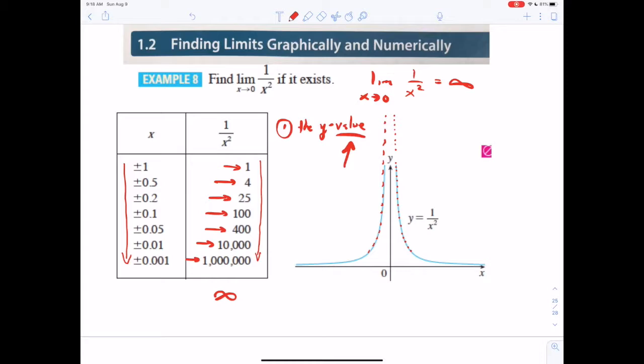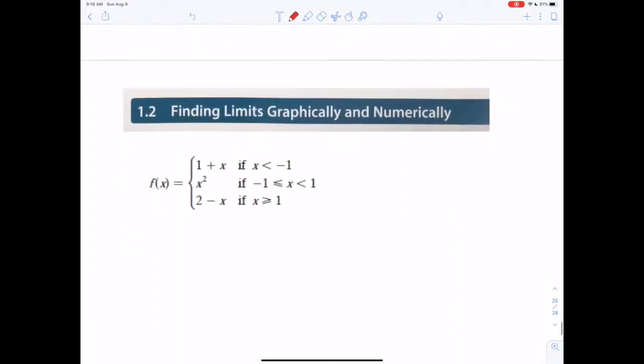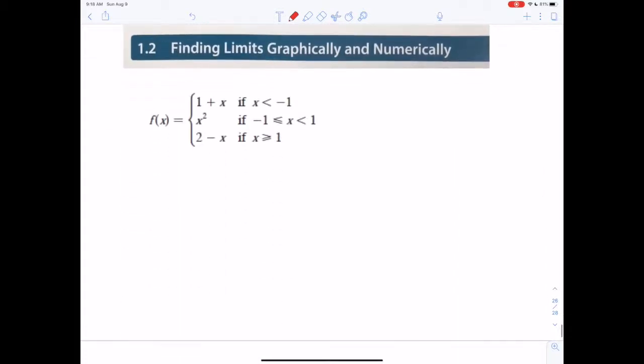Infinity is not a number. So even though we're approaching from left and right and they're both approaching infinity, infinity is not a value. So instead, what you guys would say is, does not exist. All right? Cool. Let's move on. Here's the last one, and we'll end the video here.